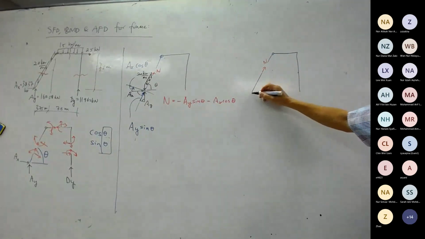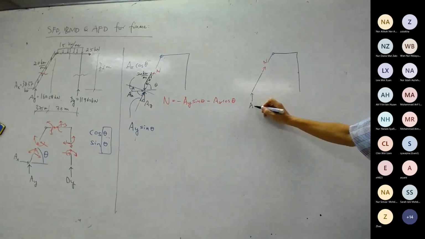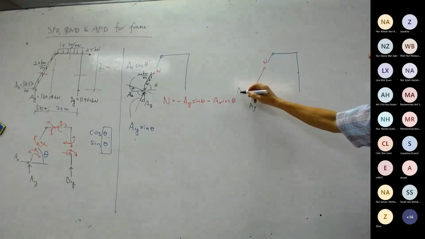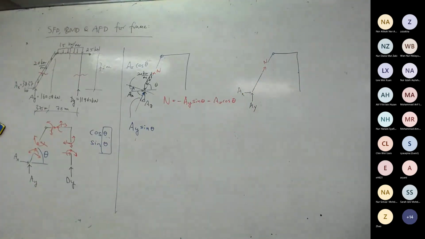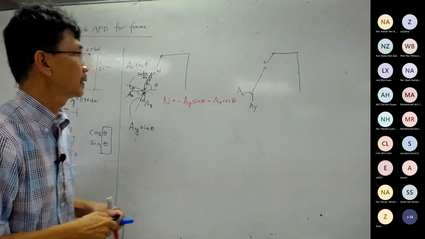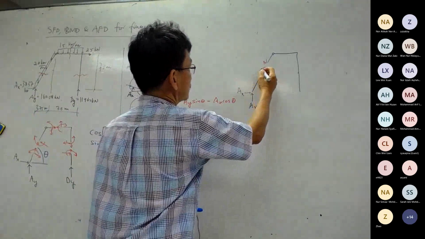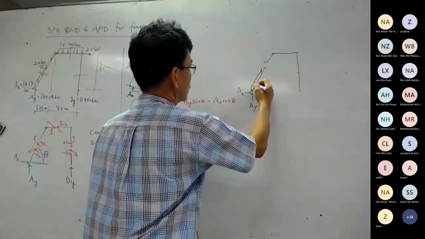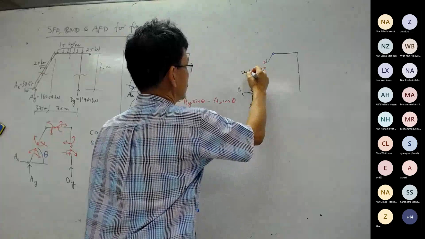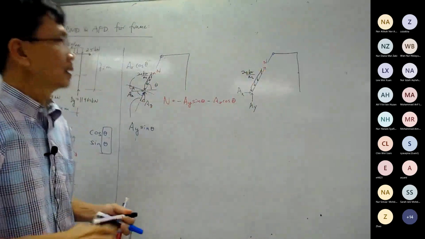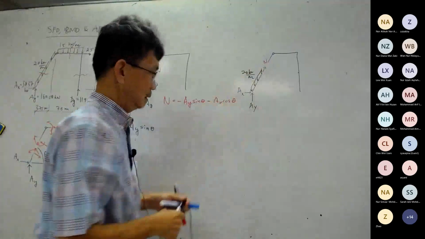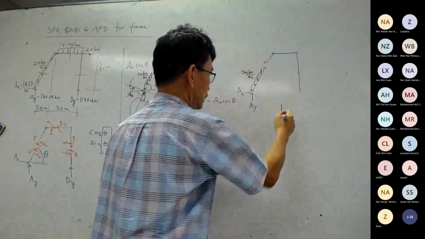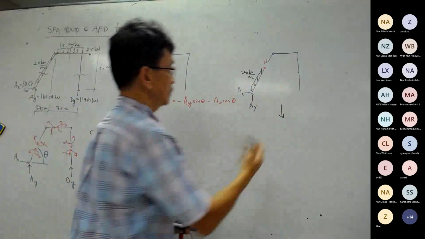So I have shown you how to get the component of AY, the reaction force component of AX in the direction of the axial force. Okay. So now how to get the component of the distributed load, which is the vertical one. What you need to do is, because this is vertical and our axial force is in this direction, you need to look at this vertical load, which is acting on the member.